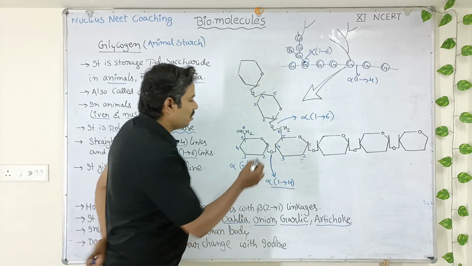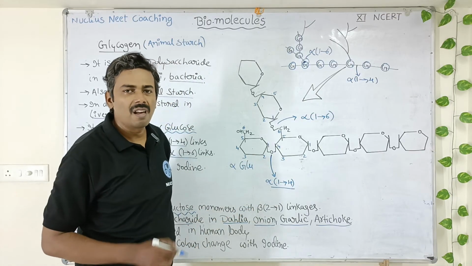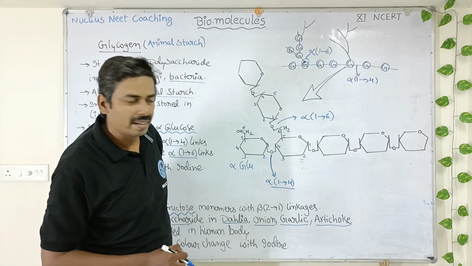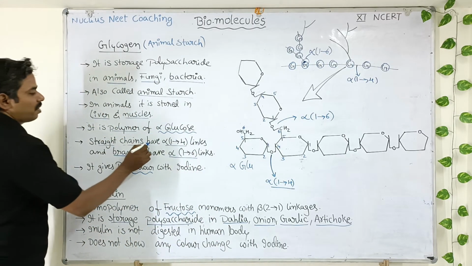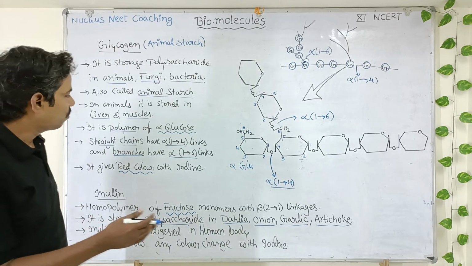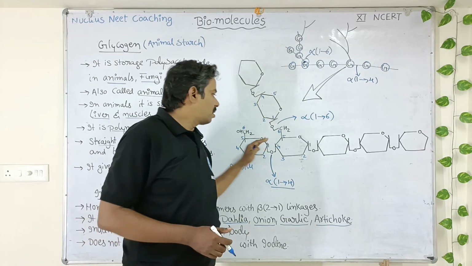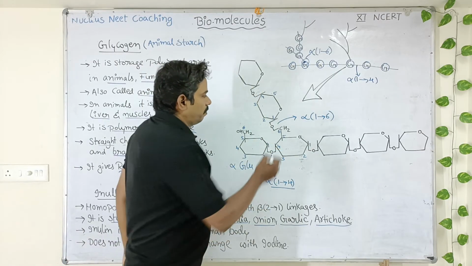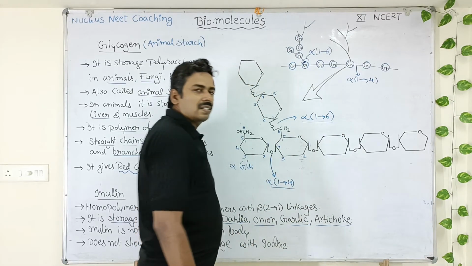How are they attached to each other? By alpha 1 to 4 glycosidic linkages. In the glycogen structure, the straight chains have alpha 1 to 4 glycosidic links. Then there are side branches attached to the straight chains by a special type of linkage called alpha 1 to 6 linkage.